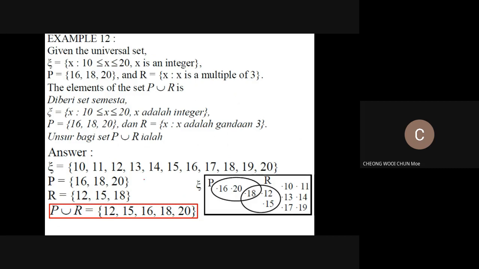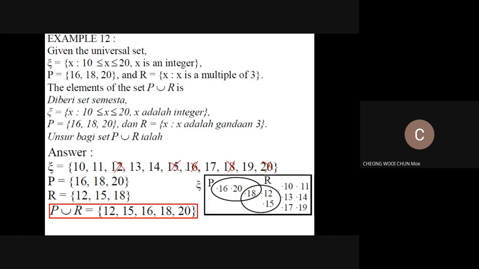The rest not inside here, you put over here, like 10, 11, 12 is inside here, 13, 14, 15 is inside R, 16 is inside P, 17. You use a pencil to cancel. You already cancelled 16, 15, 20, 12.